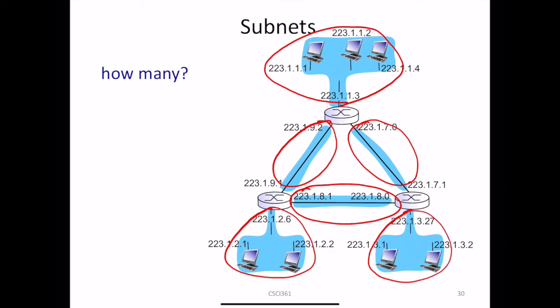Because within each red circle, all the devices or all the interfaces will share the same subnet part with a different host part. If you are not sure about that, you can calculate or check it by yourself.